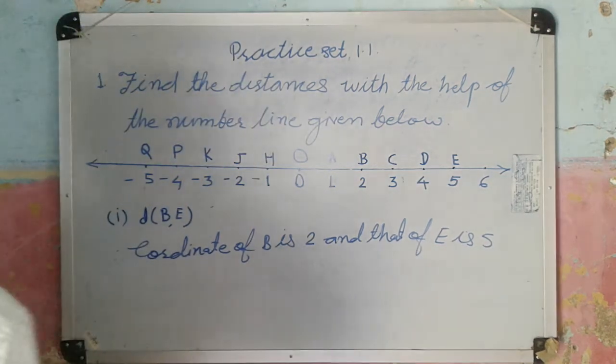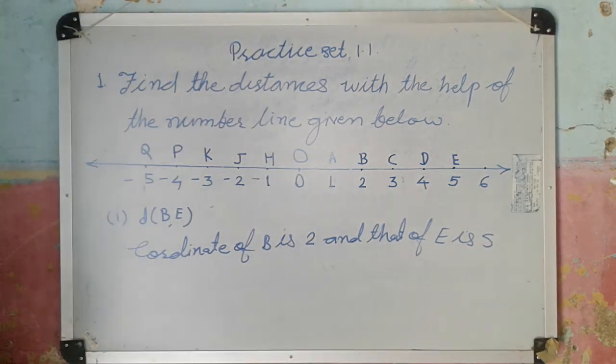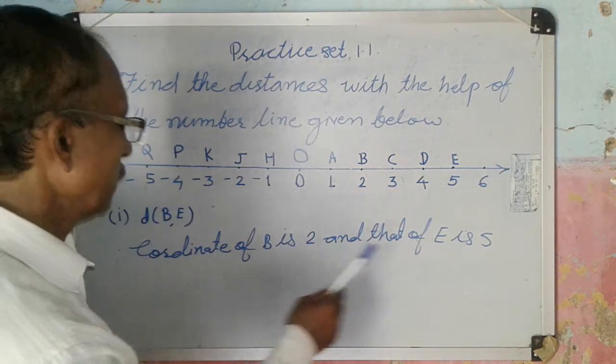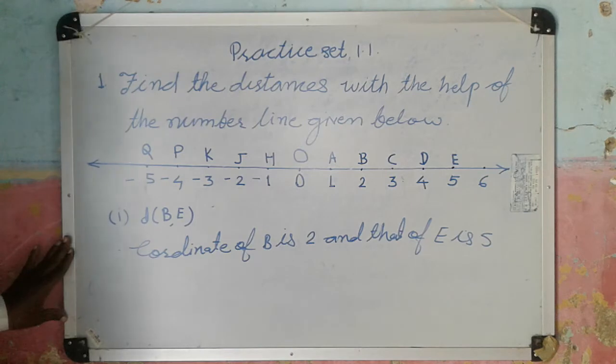You know that we have studied in the previous period how to find the distance between 2 points when coordinates are given. The distance between 2 points is obtained by subtracting the smaller coordinate from the larger coordinate. Here, which is the smaller coordinate and which is the larger coordinate? Here 2 is the smaller coordinate and 5 is the larger coordinate.